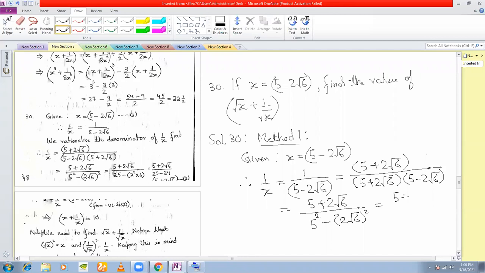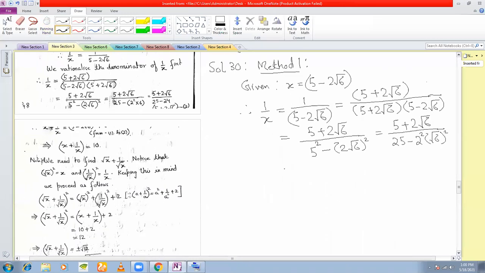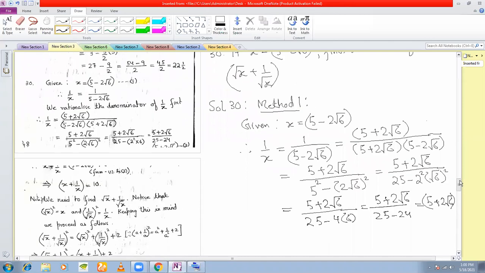So it is 5 plus 2 root 6 divided by 25 minus (2 root 6) square, which is 25 minus 4 into 6, which is 25 minus 24, which is simply 5 plus 2 root 6. So we have got the value of 1 by x as 5 plus 2 root 6. But what do we need to find out?